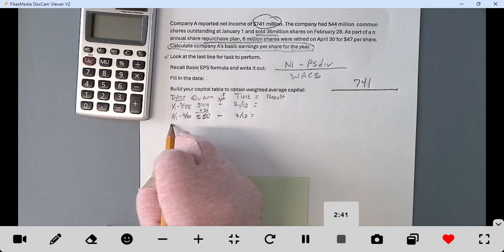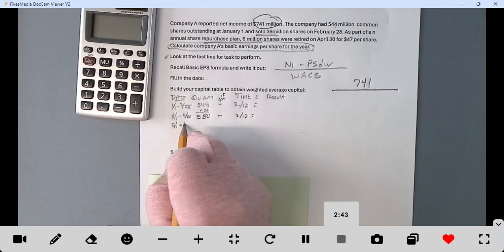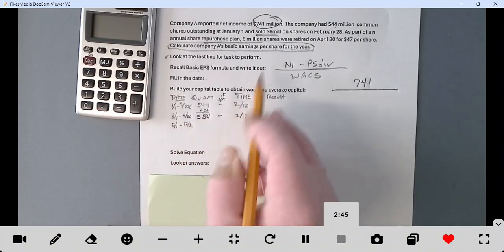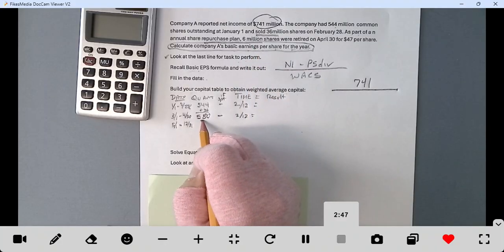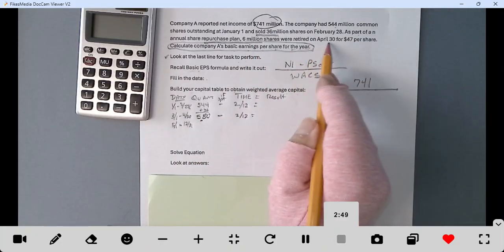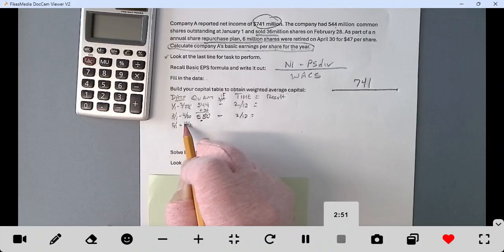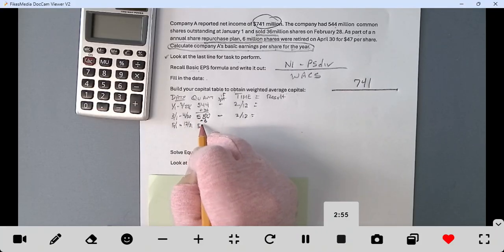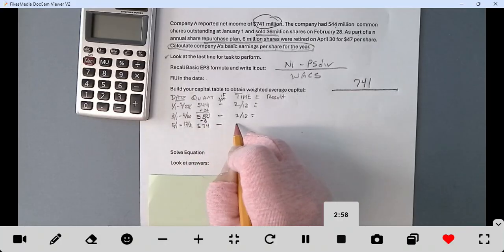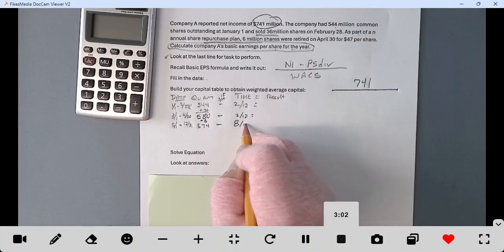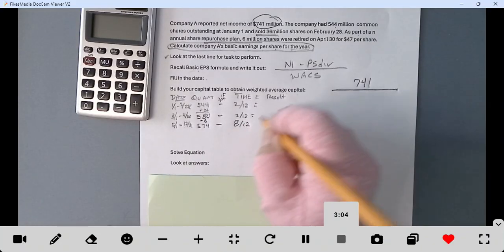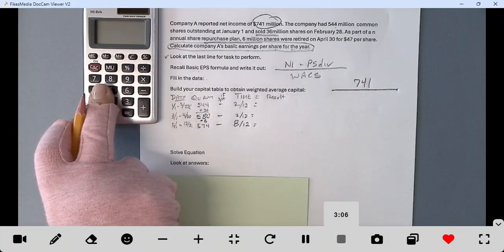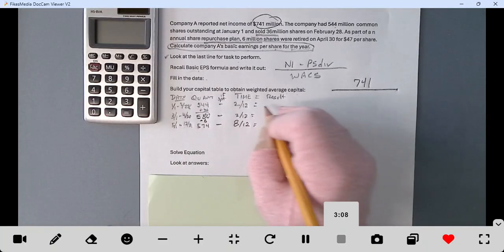And then to the end of the year, 5/1 to 12/31, all we did was have a transaction from April 30th on of minus 6 shares, so that's 574, and that is at 8/12. Okay, let's get the calculator out and multiply these out.